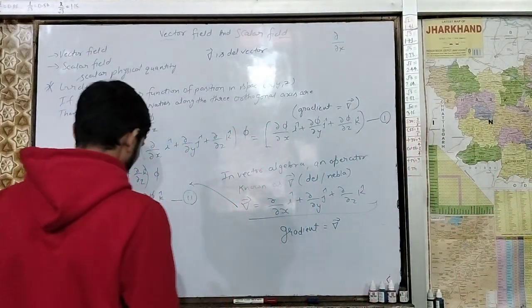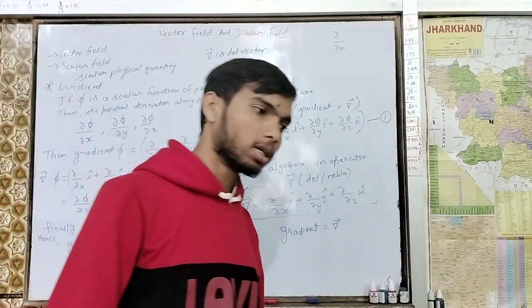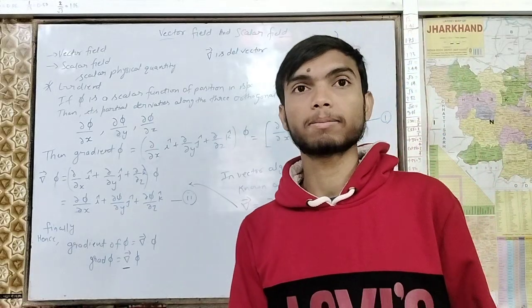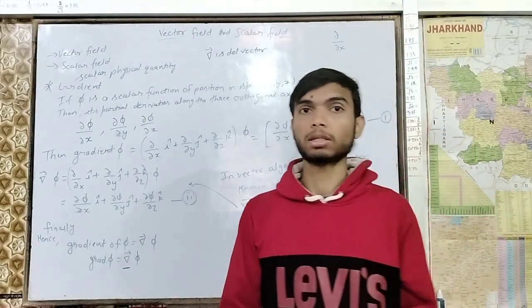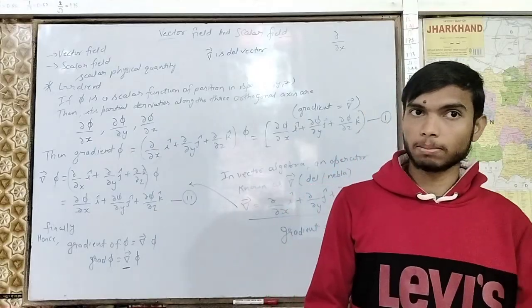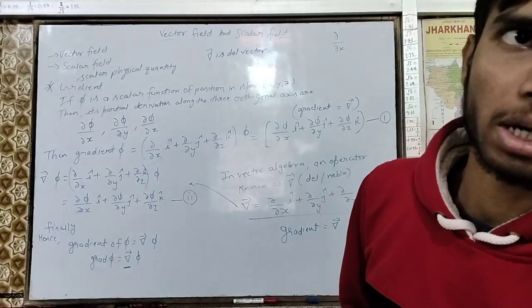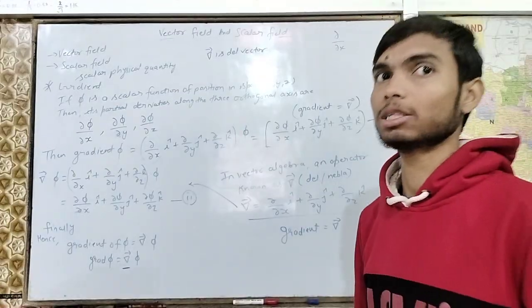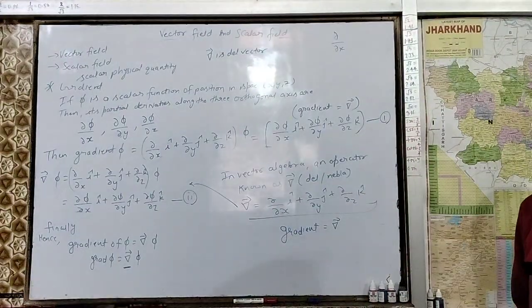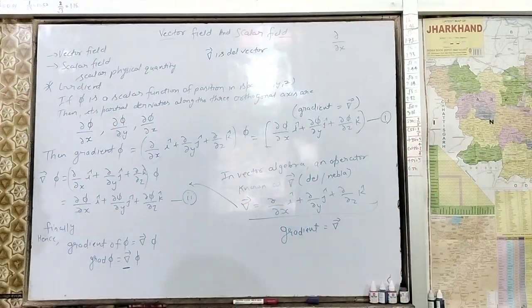We use this del operator with a scalar quantity or a vector quantity so that we can get a result as a scalar quantity or vector quantity. But this del operator is not a vector quantity. It is only a vector operator. Clear? Vector operator.